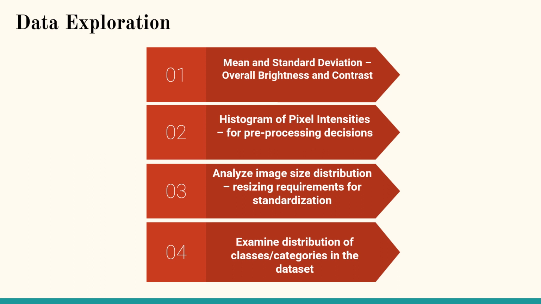Then we plotted a histogram of pixel intensities for enhanced pre-processing decisions. Thirdly, we analyzed image size distribution to figure out the resizing requirements for standardization, and then we examined the distribution of classes and their categories in the dataset.